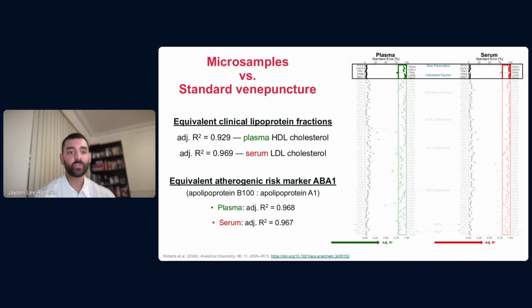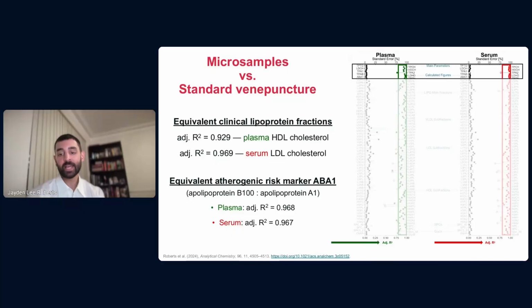And these markers themselves demonstrated really high equivalence between capillary and venous collection sites, with adjusted R² of up to 0.969 for serum LDL cholesterol, which was nice to see. And also some equivalence for the atherogenic risk marker, which is the ratio of apolipoprotein B100 to apolipoprotein A1, all the way up to an adjusted R² of 0.968, again with the significance level across all of these being a P of less than 0.001.